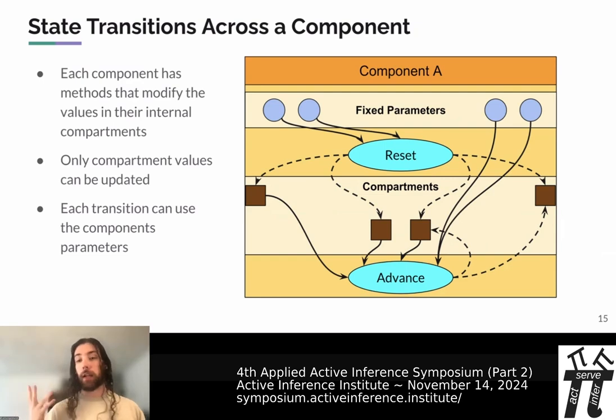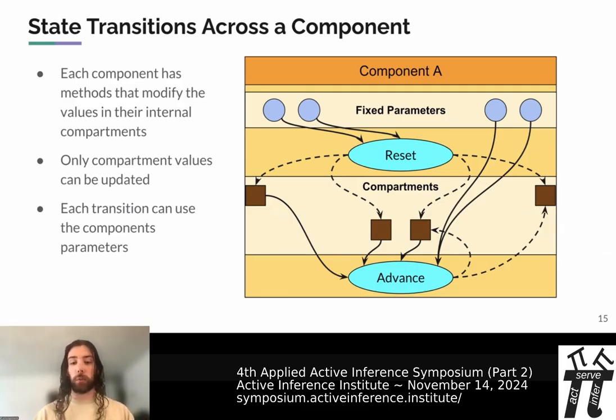Or we have the advance transition that takes in, again, 2 fixed parameters, but different fixed parameters than reset. And then it also uses 3 of the compartment values. We can see the input compartment value on the far left and the 2 floating compartment values with their solid lines that go into advance. Basically, we have written an advance function.